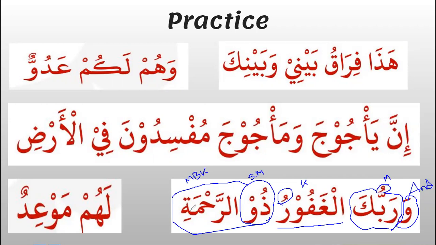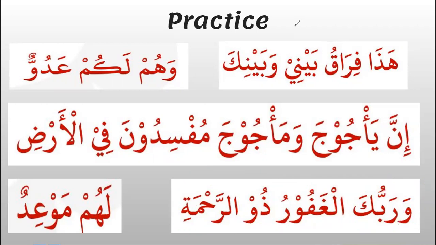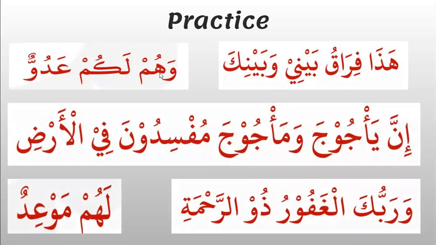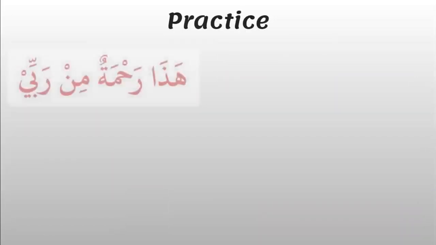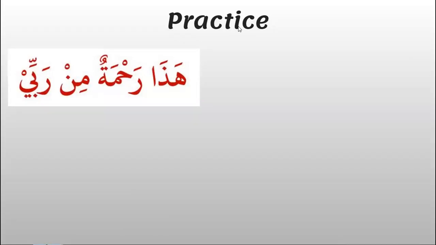So it's easy, right? Let's practice some more words, because the rules are very easy. The more you practice, the clearer it will be to you. Is the rule very tough?